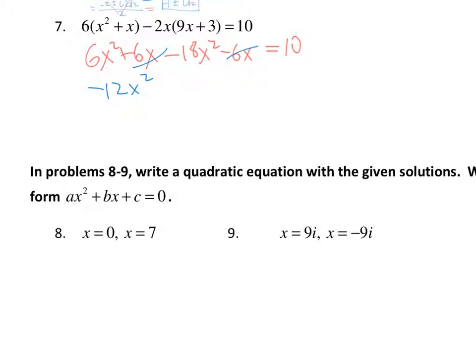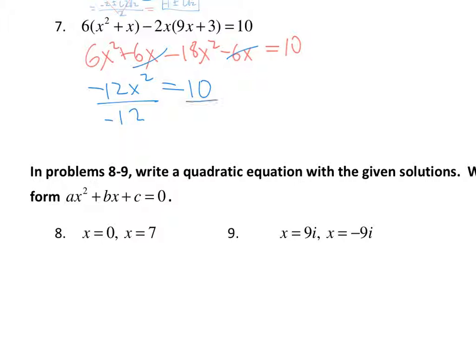The x's go away. I like that. Subtract 10 from both sides. Actually, we didn't necessarily need to do that because the x's go away. Let's go ahead and put it back. Let's put the 10 back. We don't need to set it equal to 0 because the x's went away. We're just going to use the square root method.